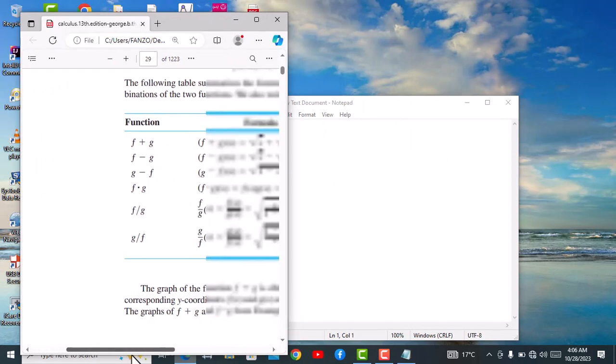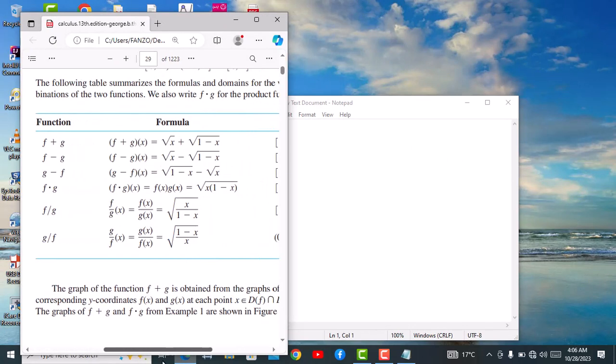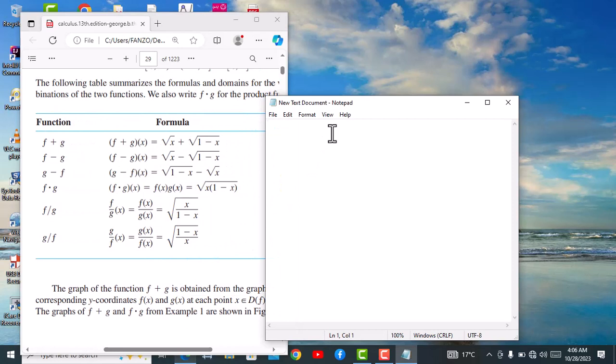We have a function. Let me just place this in here. So we have the square root of x. I know that the domain here is that x should be greater or equal to 0.